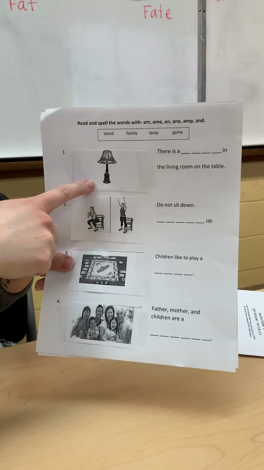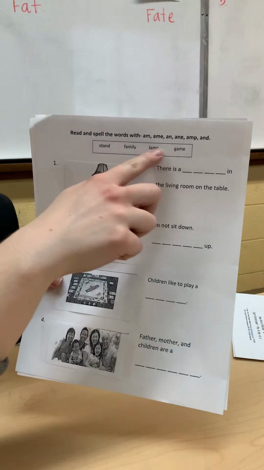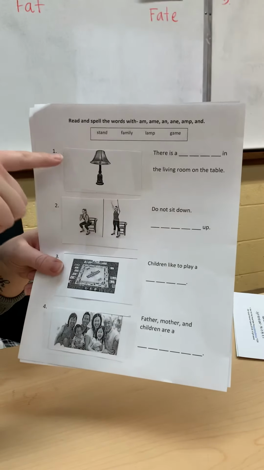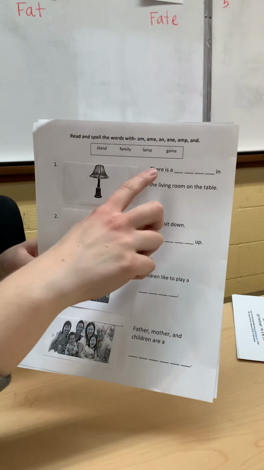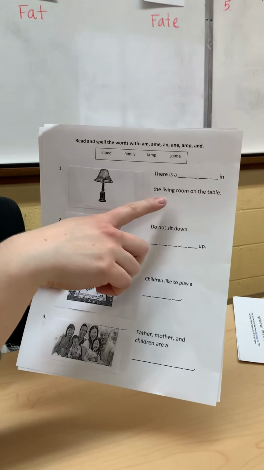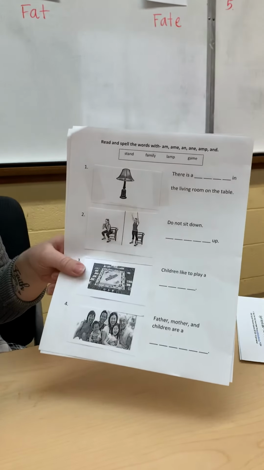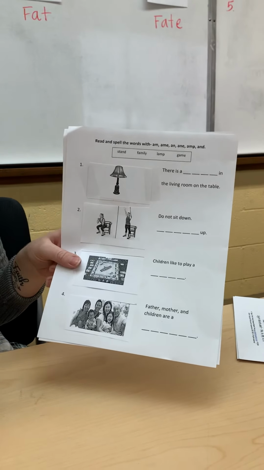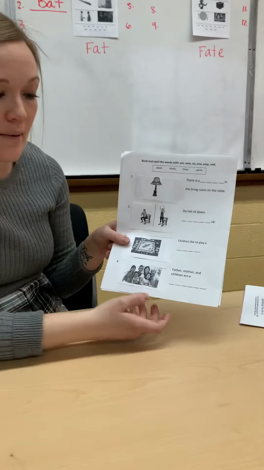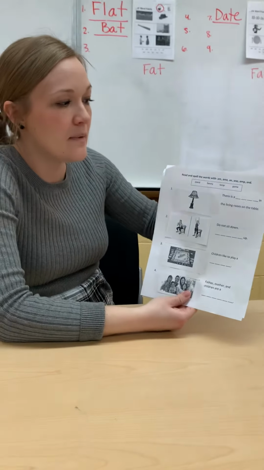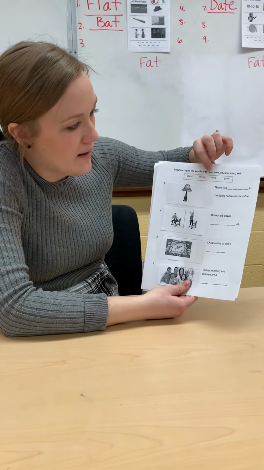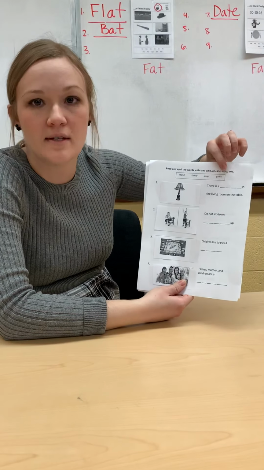So if a student can remember lamp, awesome. Then if they don't remember how to spell it, they can see there. Then they can read it in context. There is a lamp in the living room on the table. And as they go through all of the CASA's curriculum, a lot more of this vocab should be familiar. So this would be a review of, I think that's 6 different sounds there.